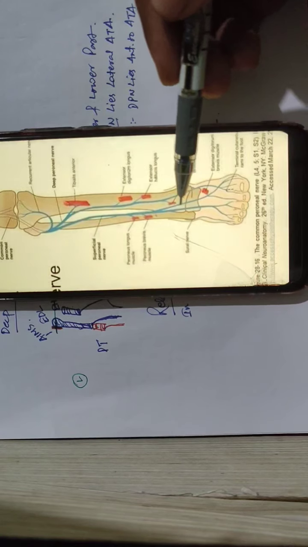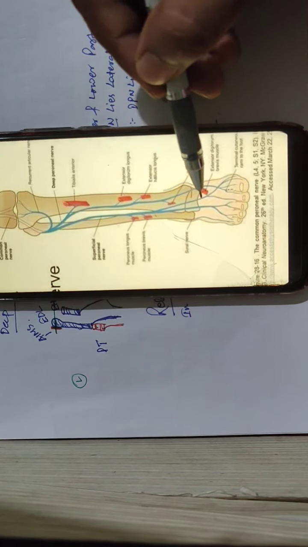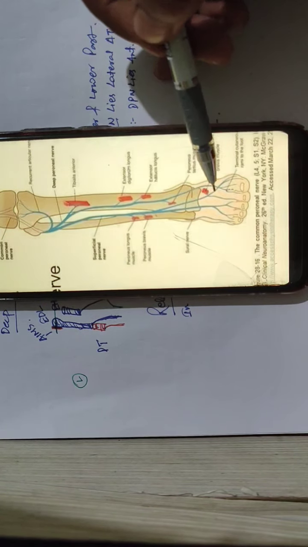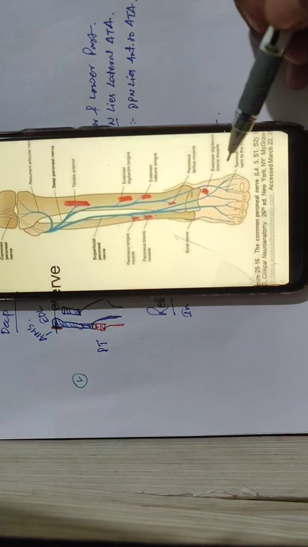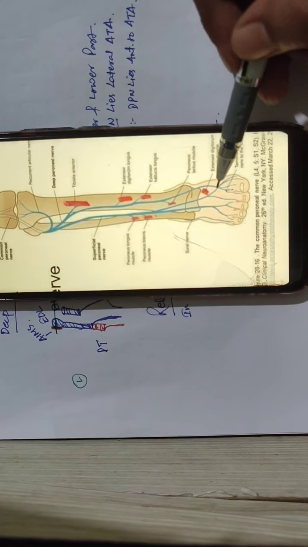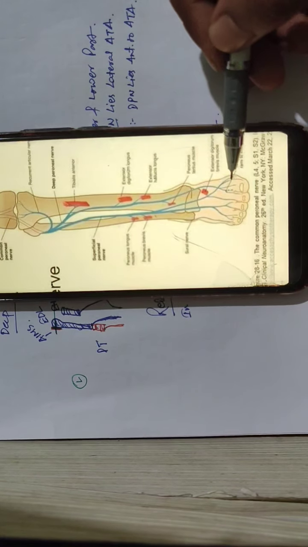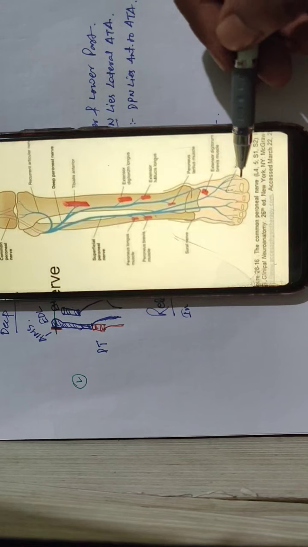One is called the medial terminal branch, this one, and another is the lateral terminal branch. The medial terminal branch again divides into two dorsal digital nerves, the first one and the second one. The first dorsal digital nerve supplies the medial side of the great toe.